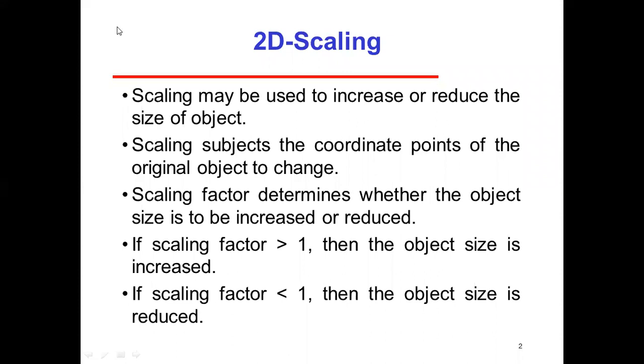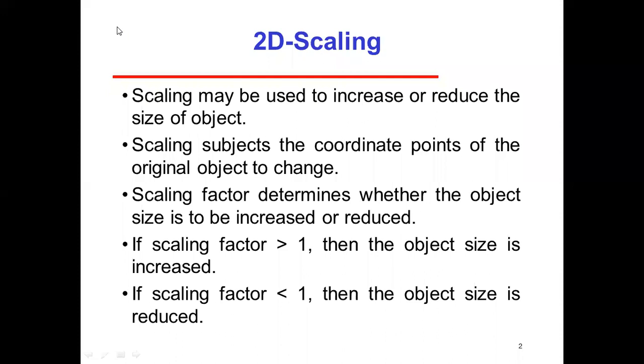So with the help of the scaling transformation, you can enhance the size of the object or the image, or you can also reduce the size of the given object or image to get more visibility of it. Just consider the example of a building.